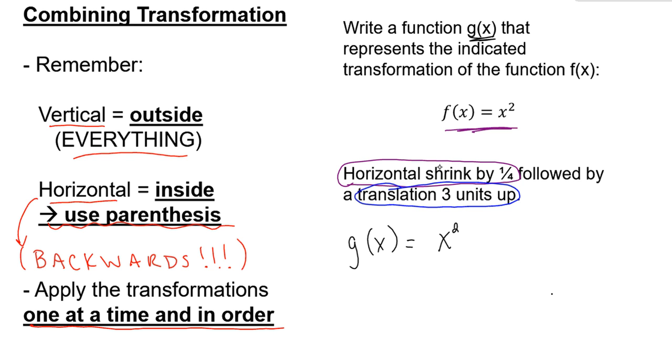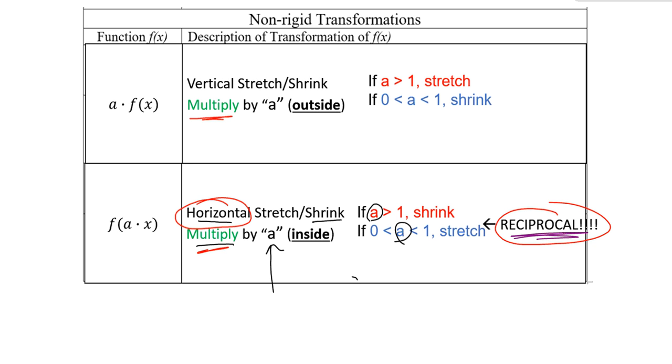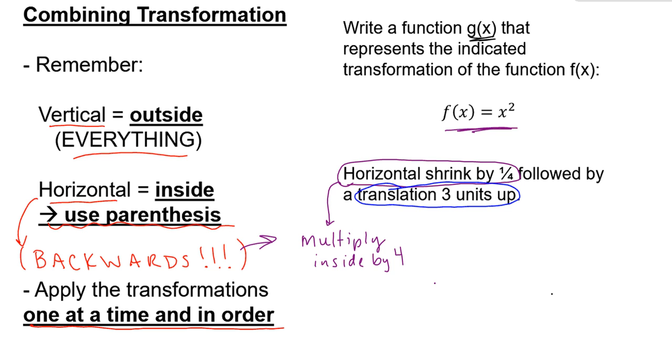If I say horizontal shrink by 1/4, that means I need to multiply inside by the reciprocal of 1/4. That's that backwards stuff right there. Horizontal shrink by 1/4, remember it had to do with this reciprocal. So if it's a shrink by 1/4, then I'm actually multiplying by 4.